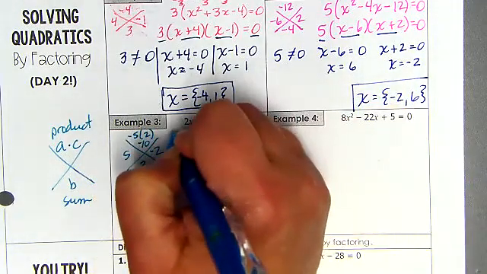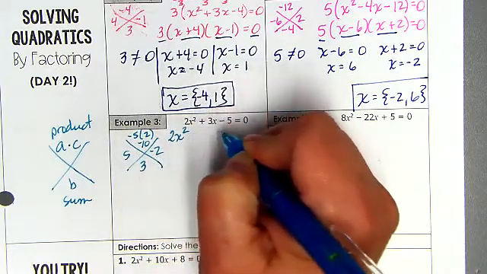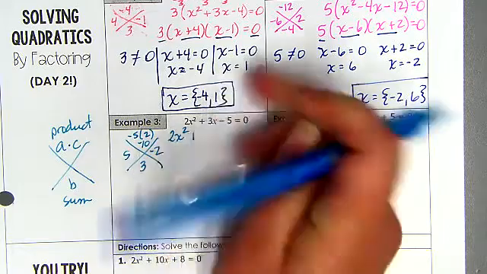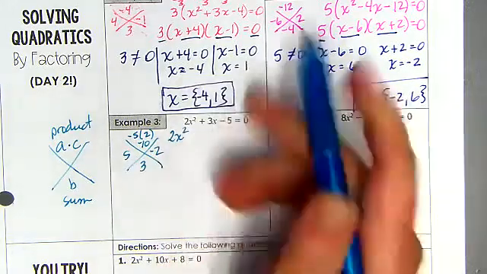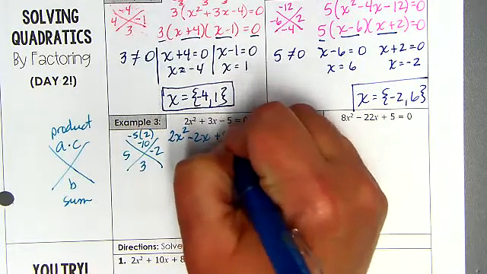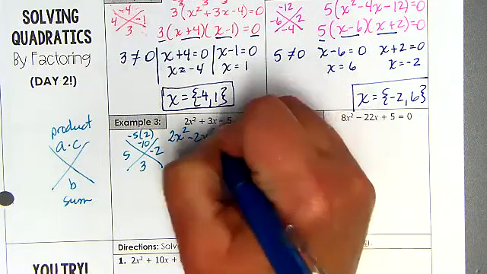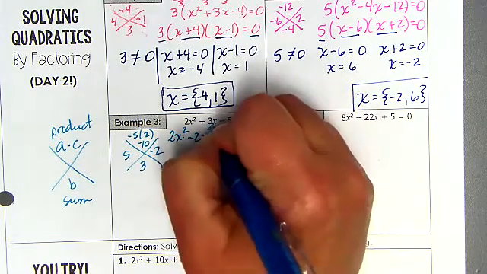So now I'm going to have 2x squared minus 2x plus 5x minus 5 equals 0. So I'm breaking these two up.